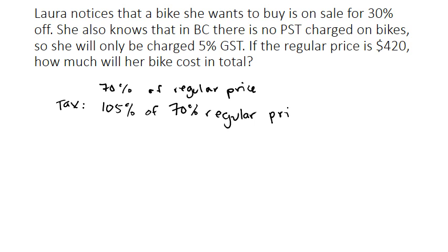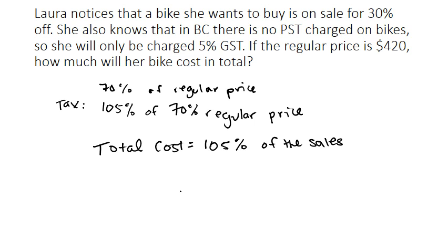So we can use our percent of a percent here. Our total cost has to be equal to 105% of the sales price, which is equal to 105% of, and then the sales price we know is 70% of the regular price.